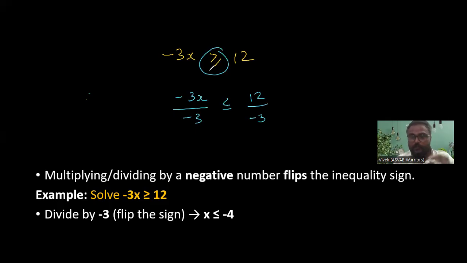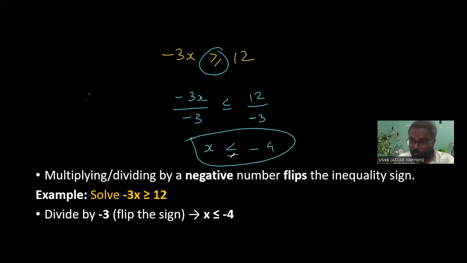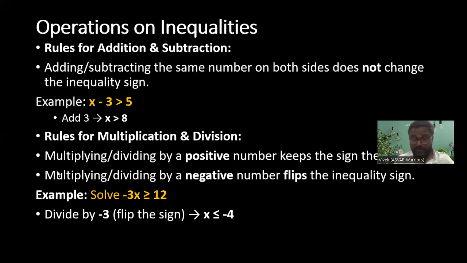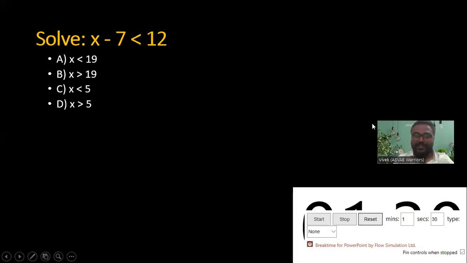So only one catch: if you multiply or divide an inequality with a negative number, the inequality sign flips. So this will become x is less than or equal to negative 4. That is it. There is nothing extra that we need to do for inequalities other than what we do for equations.